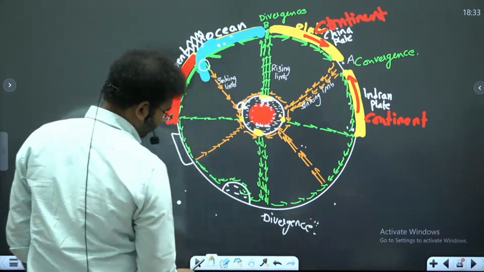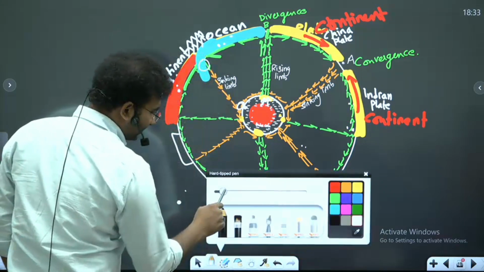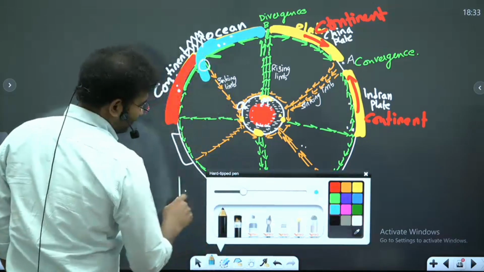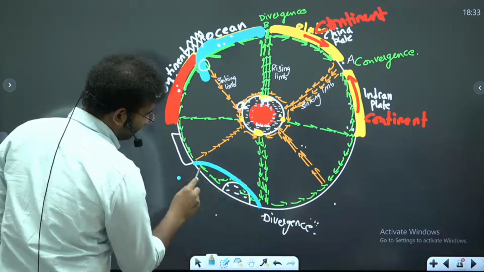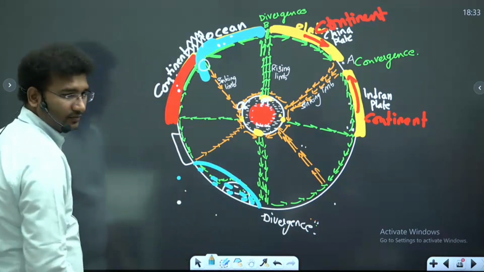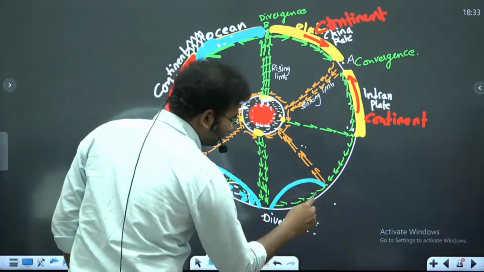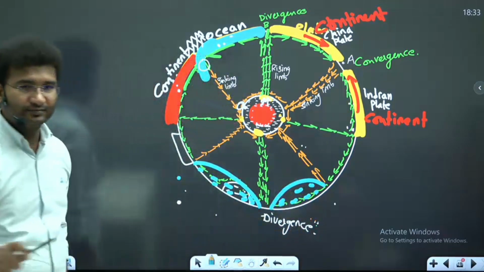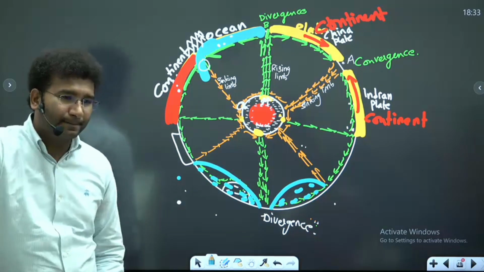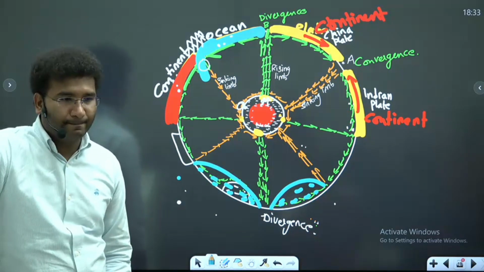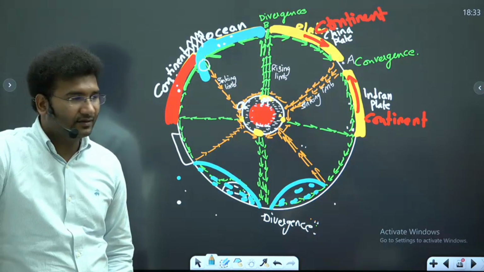Now let's see. This divergence, let's imagine this as ocean. And this is also an ocean. Can it be possible? Yes.